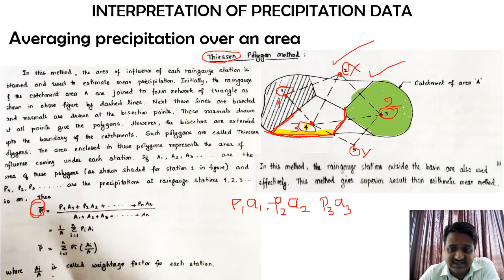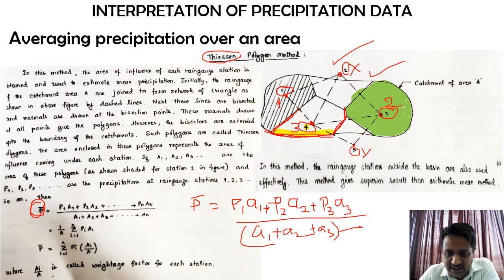So here it will be P bar equals P1 A1 plus P2 A2 plus P3 A3 and so on. In this case only 3 stations are there, so I am taking that, divided by A1 plus A2 plus A3. This A1, A2, A3 together indicate the overall area of the catchment, that is A. Whenever we do this, you are going to get the mean precipitation over that particular area.